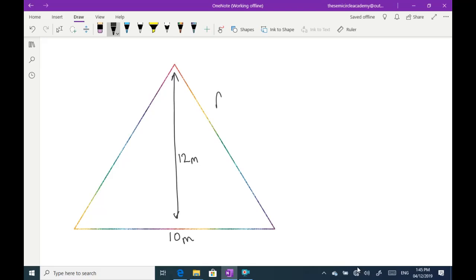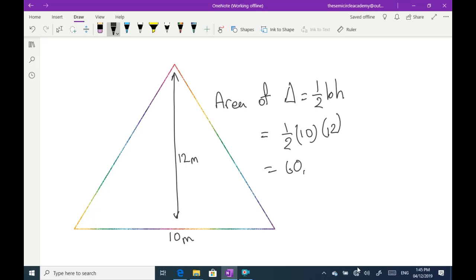So the area of this triangle is the same, a half base times the perpendicular height, which is a half the base, which is 10, times the perpendicular height, which is 12, and that would be 12 times 10, which is 120 divided by 2, which will be 60 meters squared.